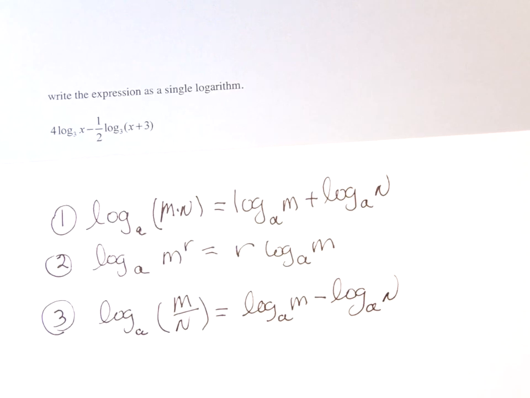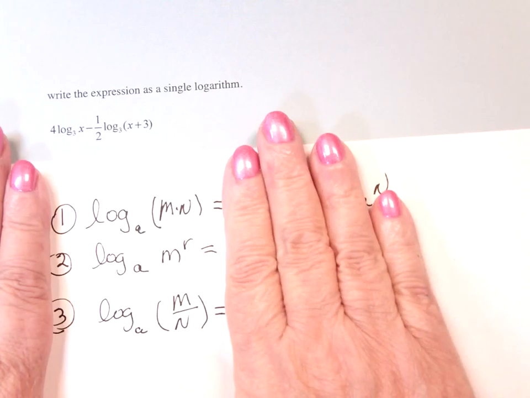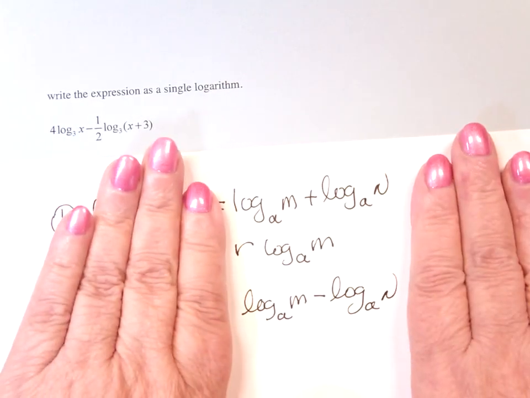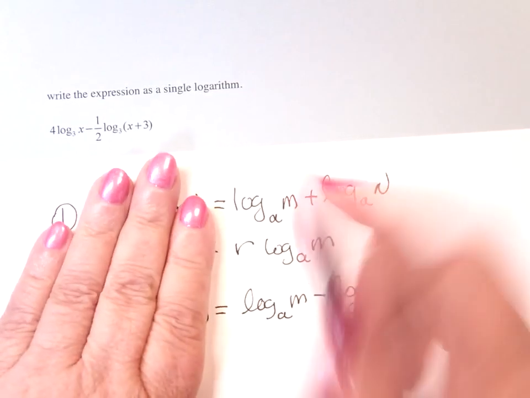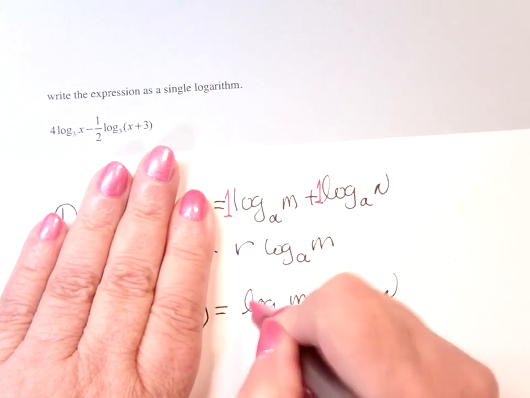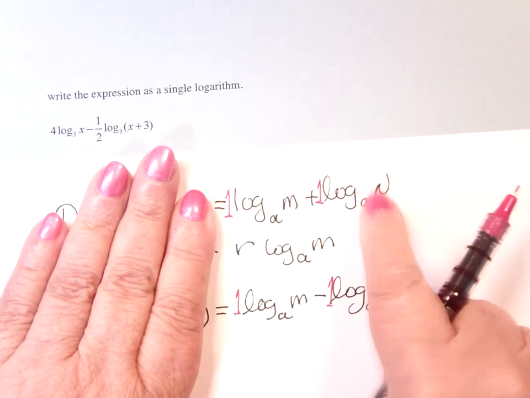What I really want you to notice is that since yesterday we went from here to here, today we're going to go backwards. If I look at going backwards, the coefficients of the logarithms here and here are 1 in the formula.